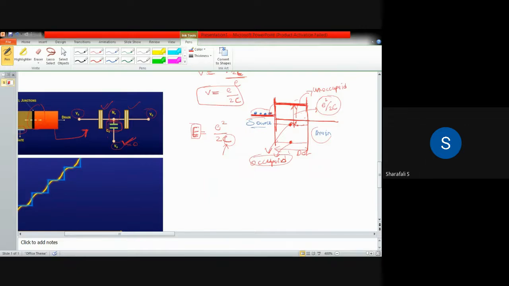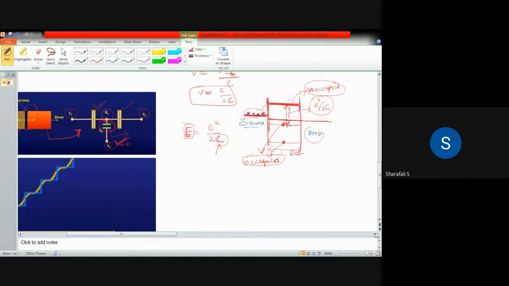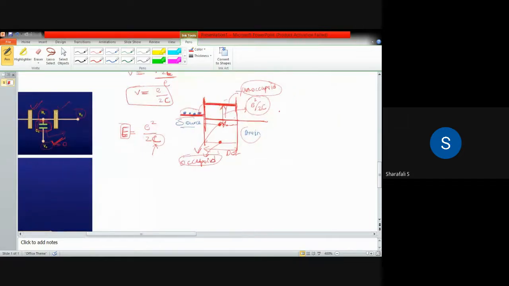When you change this potential, you are changing the potential of the quantum dot, and that effectively reduces the energy of the unoccupied energy level of this electron. So basically this is what happens for the Vg equal to 0 condition.